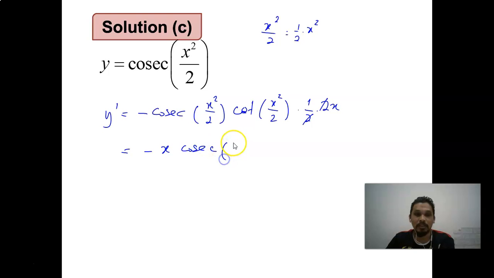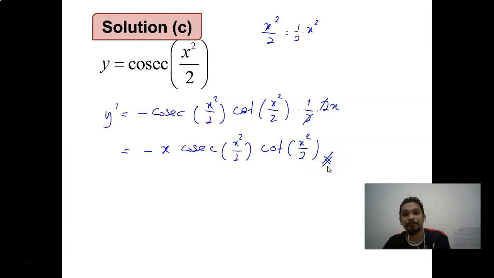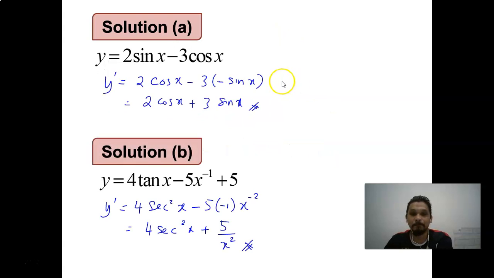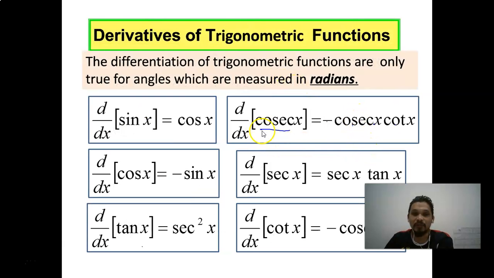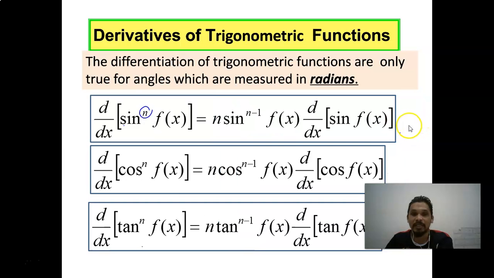cosecant x squared over 2 cotangent x squared divided by 2. Okay, just to recall, look at this one here. Differentiate cosecant, then the formula of this is negative cosecant x cotangent x.